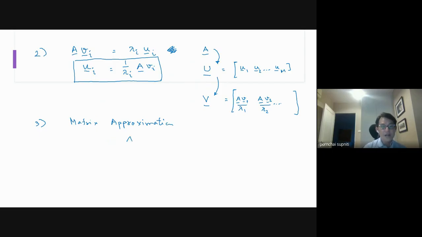We know that A is equal to the summation of lambda i, U i, and then V i transpose, where i is equal to 1 to M, or N, depends. So how do we do approximation? As you know, as we do the summation more and more, lambda i becomes smaller and smaller.